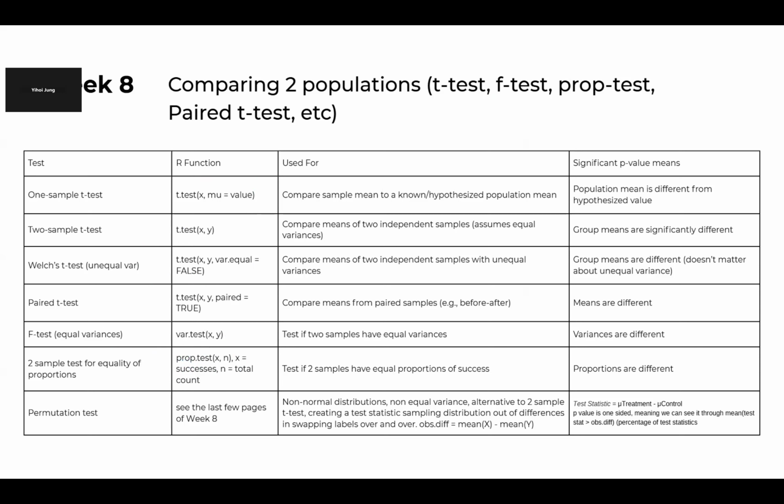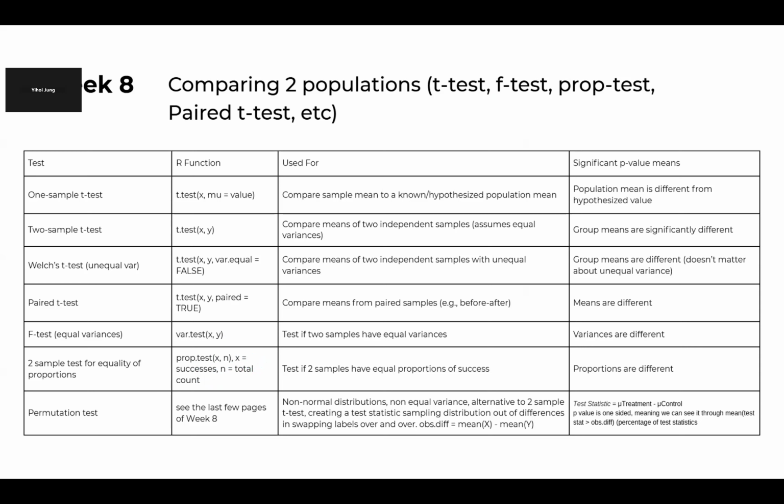And then we get into the two sample test for the equality of proportions, which Valdy went over earlier, where you're comparing proportions instead of means or variances. Some important metrics to note here are that you want to have the number of successes and the total count to run the test, so that you get the proportion of successes.